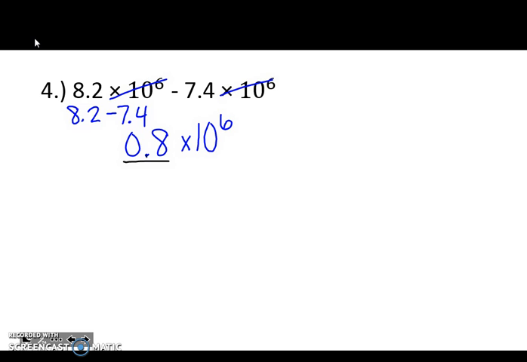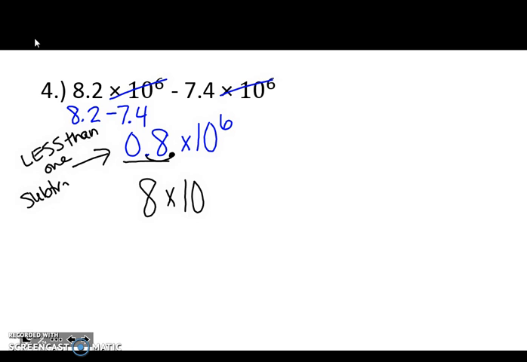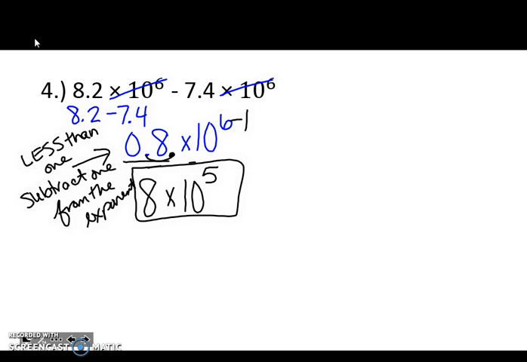So I would need to move this decimal so it's behind the 8. So that my leading number is 8 times 10. And since this was less than 1, then we're going to subtract 1 from the exponent. So 6 minus 1 is 5. So my final answer is 8 times 10 to the 5th.